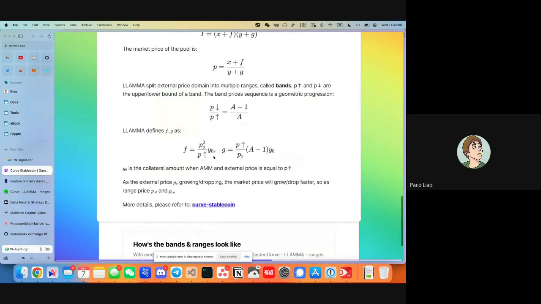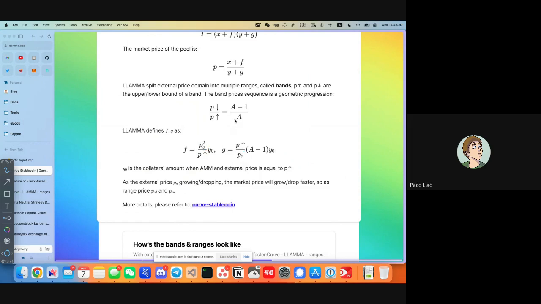So we can think of Y0 as a constant here. The only variable in this function is PO. So with PO increasing, F will also increase, and increase exponentially because this is squared PO. And with PO increasing, G will be decreasing, right?